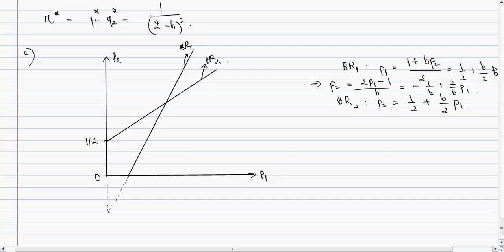There won't be any intersection between the two best response functions, and we won't be able to find the equilibrium. So in order for the equilibrium to exist, the slope of the best response function for firm 1 will have to be bigger than the slope of the best response function for firm 2. So I'll just have an intersection here, and this is called the Bertrand equilibrium.